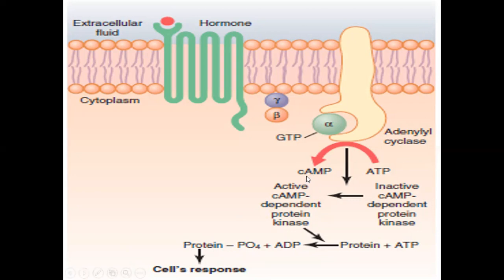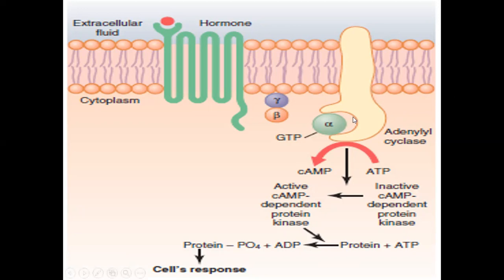So the cAMP in turn would generate the desired physiological effect of that particular hormone, generating a cell response. What I want to point out here is that the alpha subunit may act upon the effector molecule.